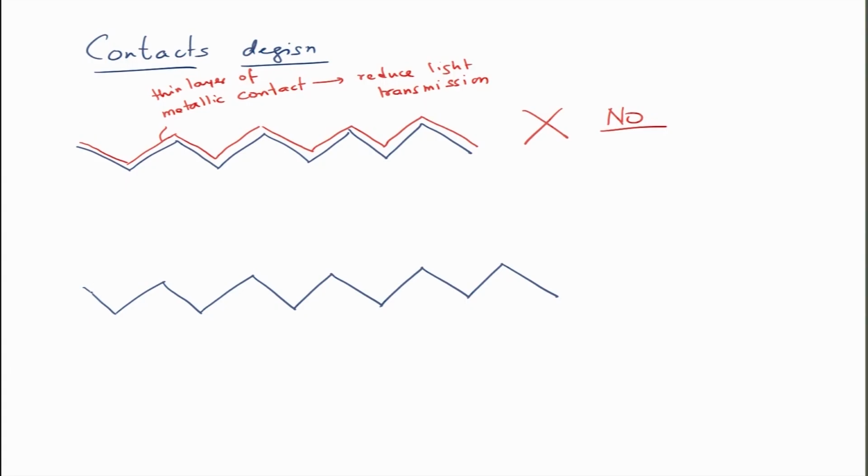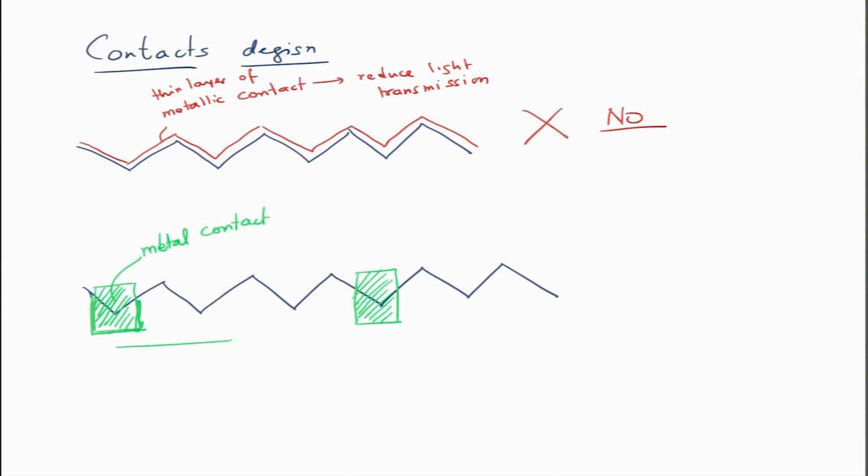So you have deep contacts, buried inside the solar cell at certain intervals. So you maximize the interfacial area. Okay, so this is the metal contact.